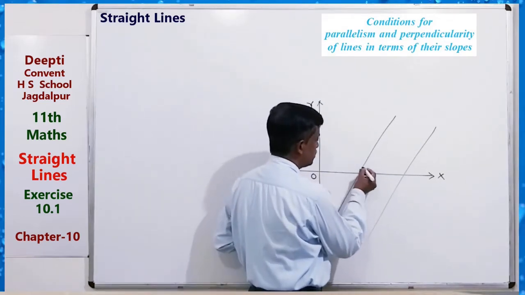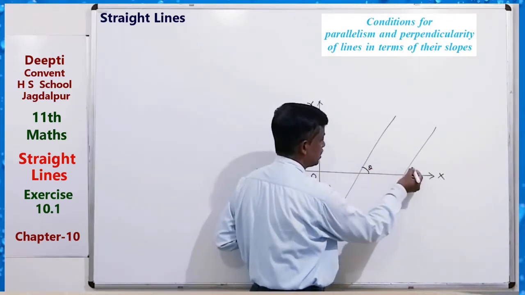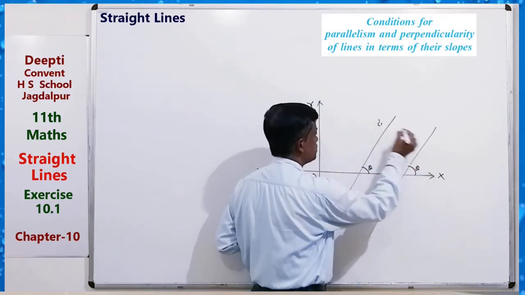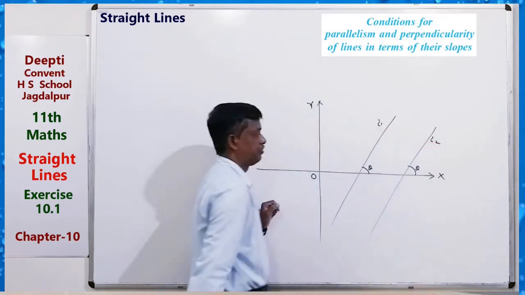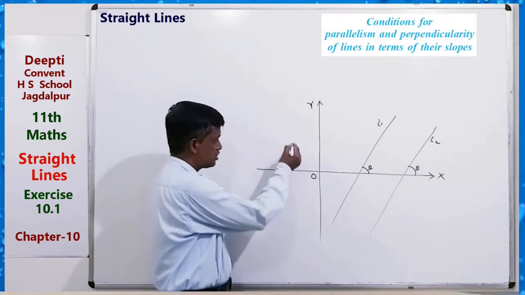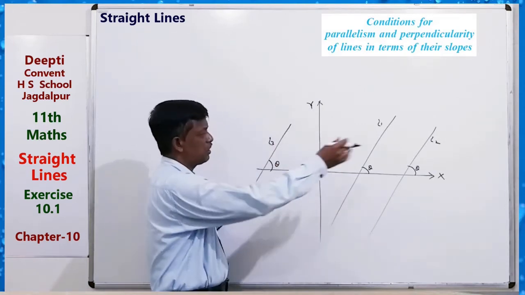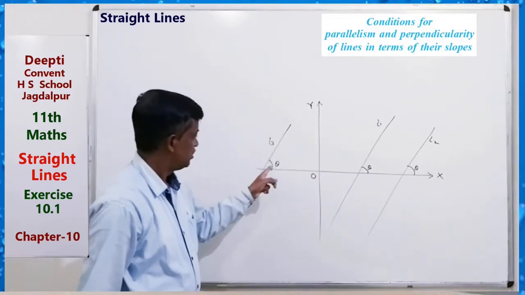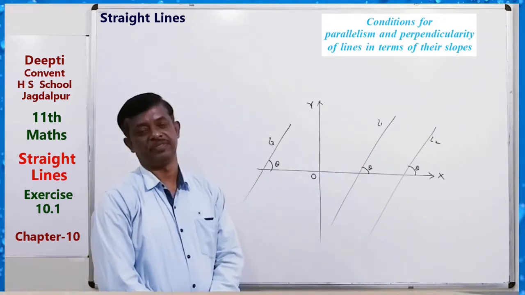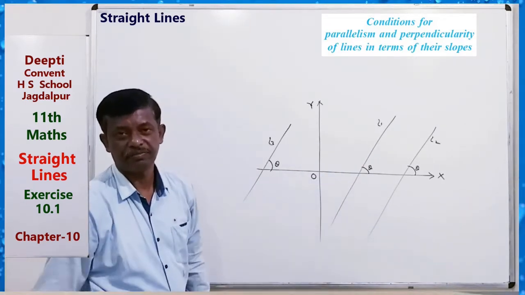That means this angle is theta, and this angle is also theta. This is line L1, this is line L2. You can also draw a line here, with this theta, L3. All are parallel lines. Thus, the inclination will be the same, so the slope should be the same.